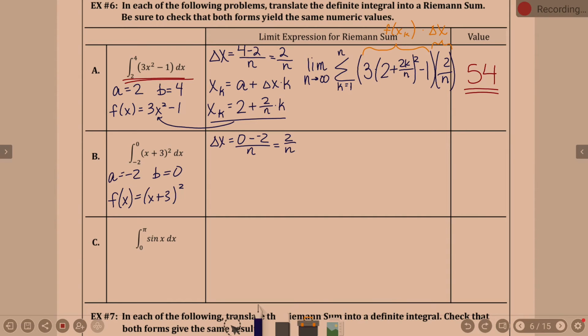Okay. X sub k is a plus delta x times k. So let's see, what do we have? Negative 2 plus 2 over n times k, or 2k over n if you prefer.